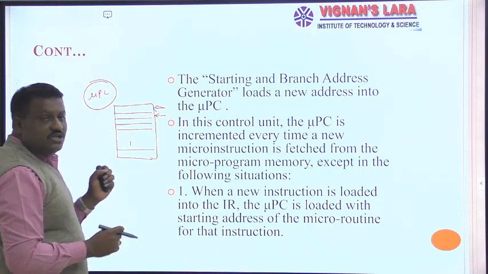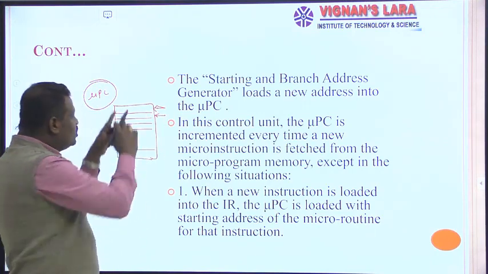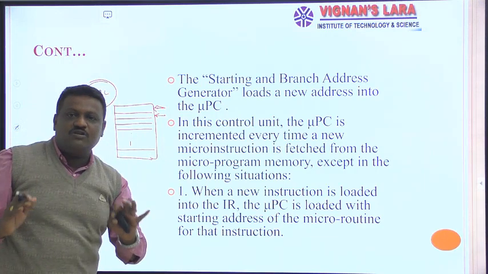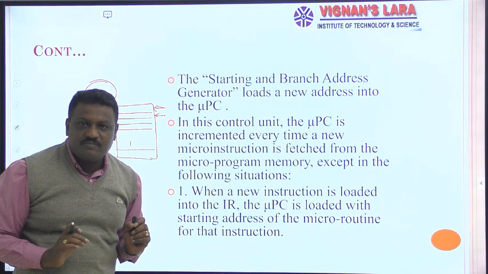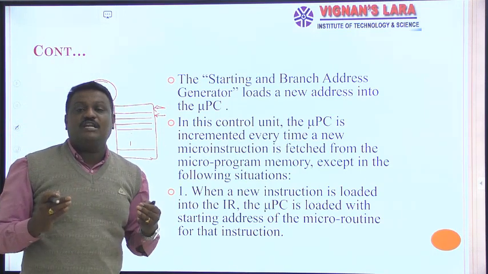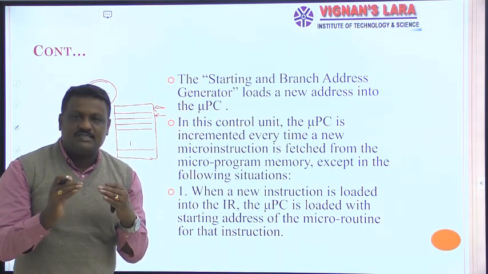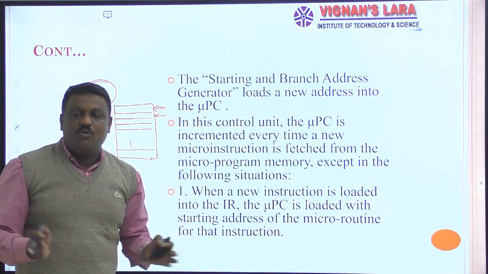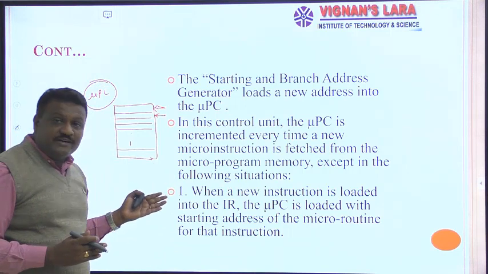Generally your new PC points to these micro instructions one by one, in order to execute this micro routine smoothly and generate the control signals necessary for execution of my instruction. In this process, the new PC value is automatically incremented with reference to the clock pulse. That's what I know up to this. Sometimes this sequence of operation may alter, so for that I am going to discuss different situations.